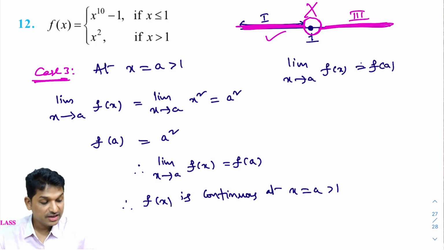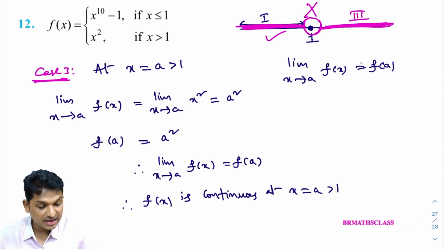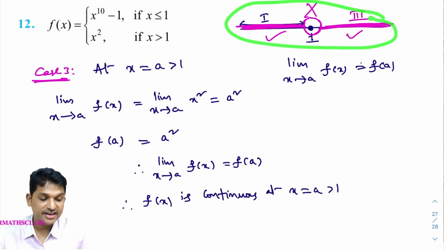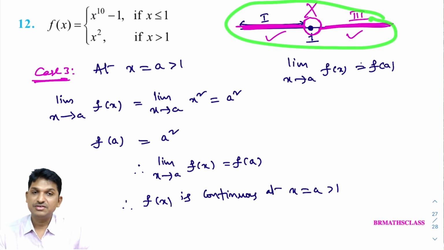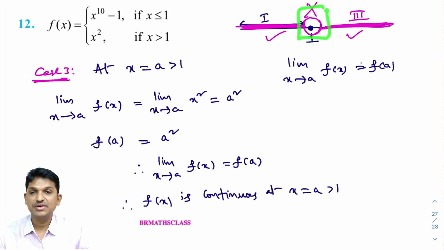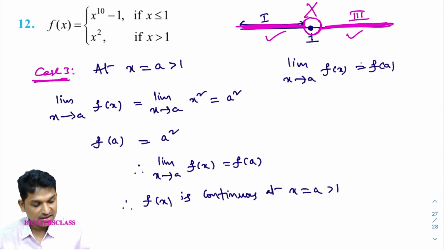So in case 3, it is continuous. So I checked the continuity on its entire domain. They are asking to find the points of discontinuity. I got that at 1 there is a point of discontinuity. So what will I write?